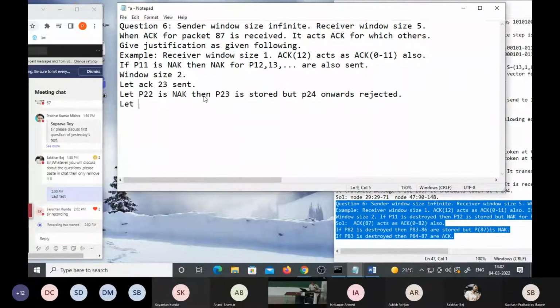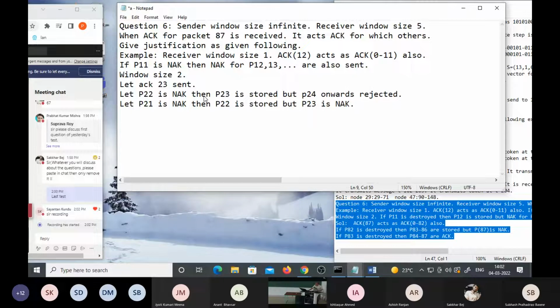Let P21 be NaK, then P22 is stored, but P23 is NaK.